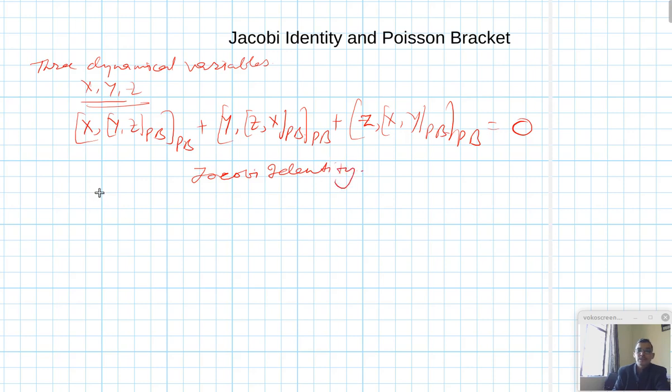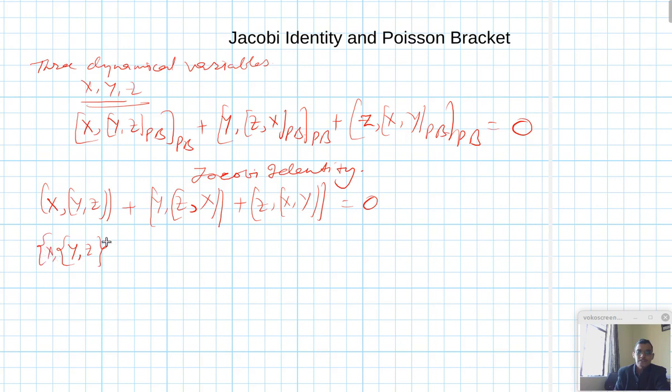And for the sake of simplicity, sometimes this can be written like this: X, Y, Z plus Y, Z, X plus Z, X and Y. And sometimes the Poisson bracket is written in curly brackets. So in most of the texts you can see that the Poisson bracket can be written like this, either in this way or this way.